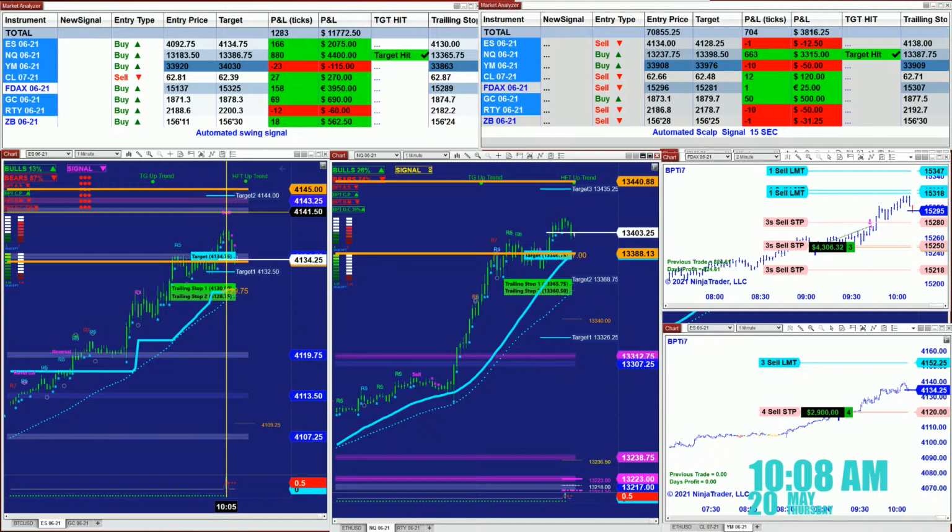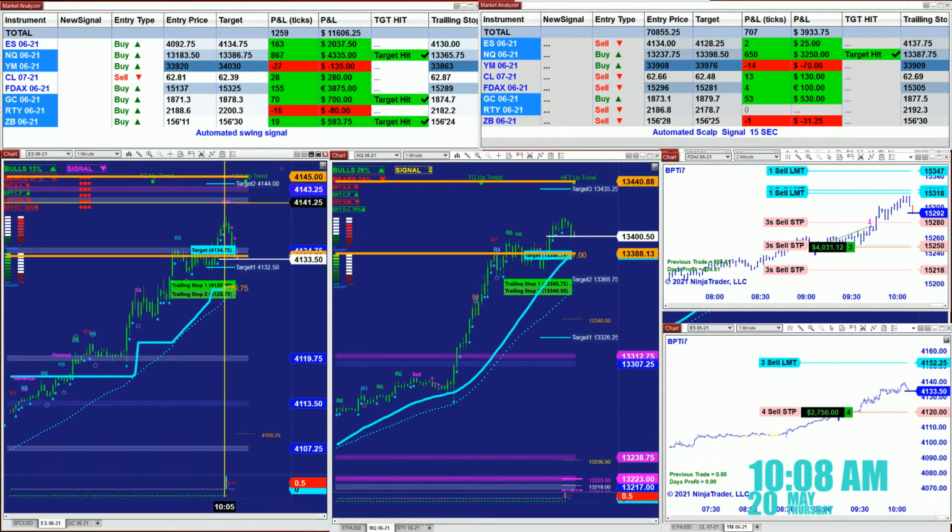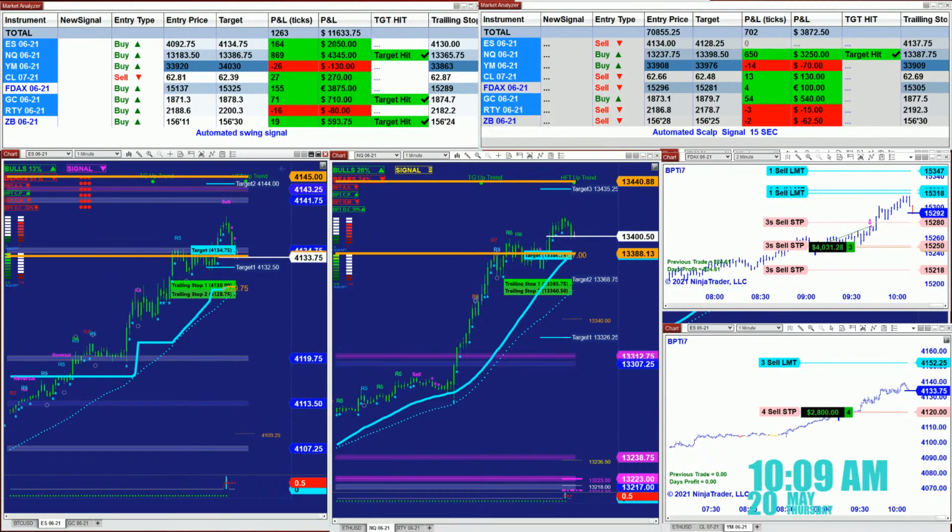Ours is not repaint. So this is the sell entry you're going to have on Monday to enter short market here. And as we see, this market here fired the signal.